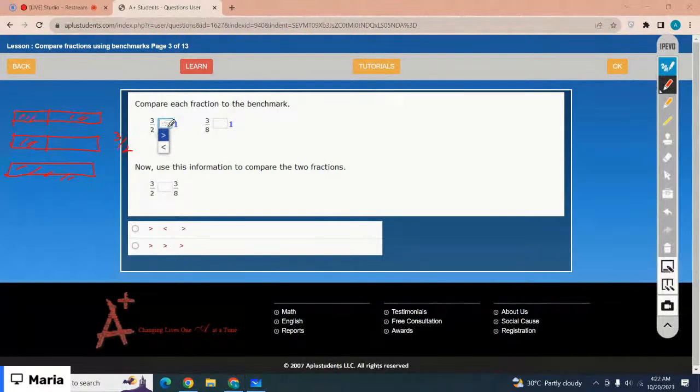So obviously 3 by 2 is greater than 1, right? And 3 over 8 is less than 1. That means 3 by 2 is greater than 3 over 8, right? So option number 1 is the correct option. Got it?